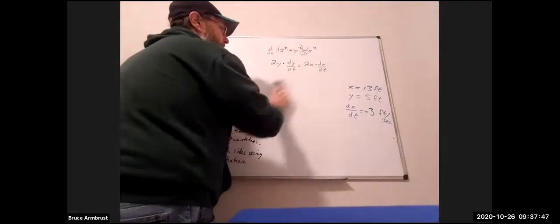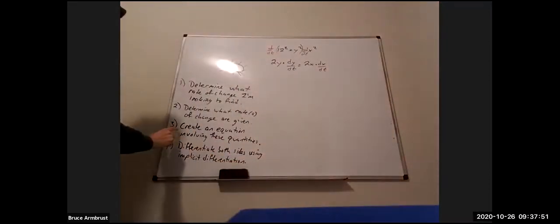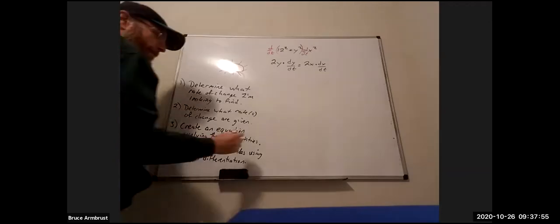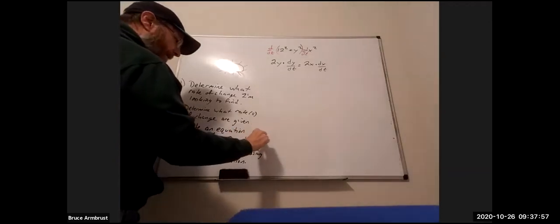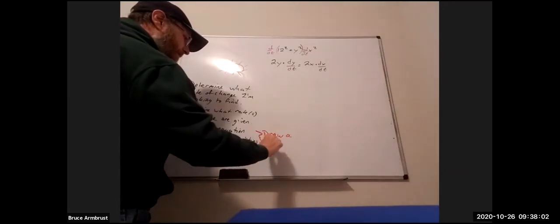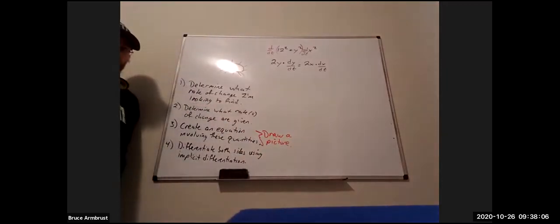And these are some other things that I'm going to recommend that you do. For number 3, when you're actually creating that equation, one thing I'm a huge fan of: draw a picture.